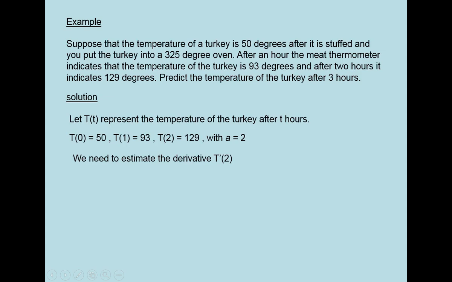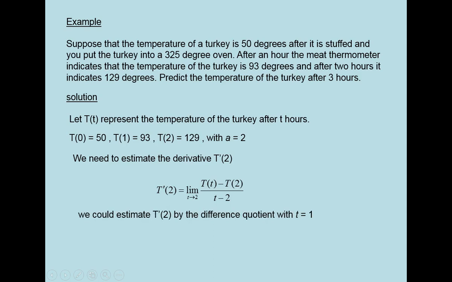So thinking back to what we've done previously with discrete values, we could use the point at T of 2 equals 129 and T of 1 equals 93 to get an estimate for the slope of the tangent line at 2. So this is how we'll estimate the slope of the tangent line when time equals 2 hours.